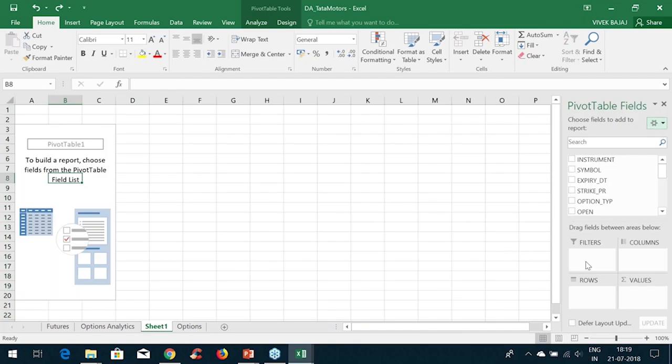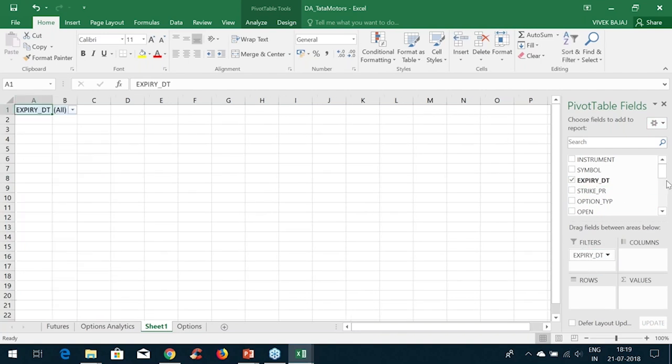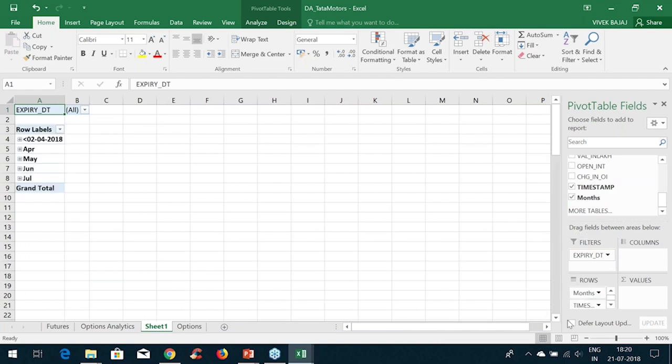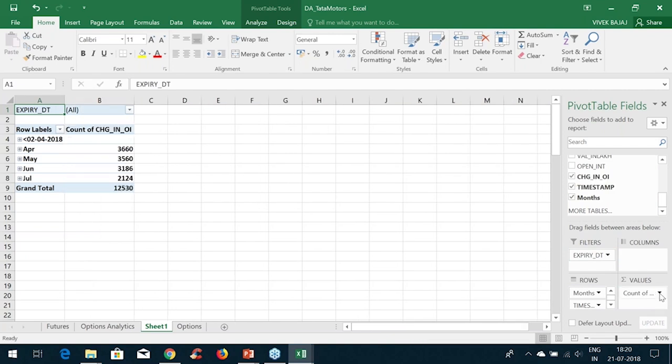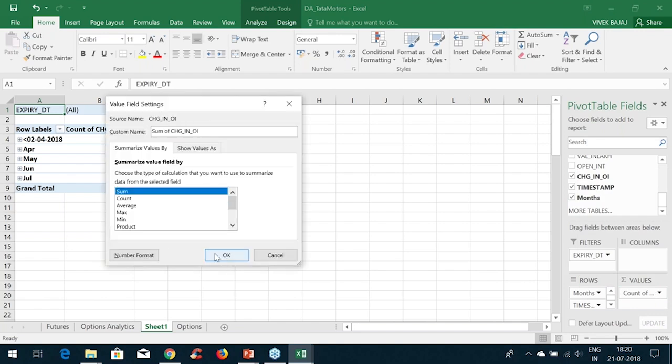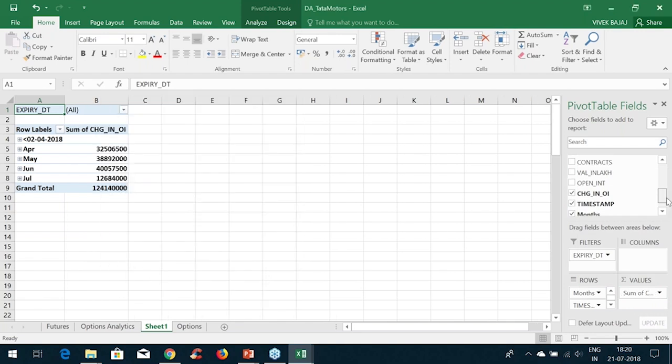What I want is, as a filter, I want expiry dates to be the filter. I want timestamp, which is dates, to be on my first column, which is the row wise, and I want change in open interest to be the value. This value should not be count, it should be sum, because we want sum of open interest.